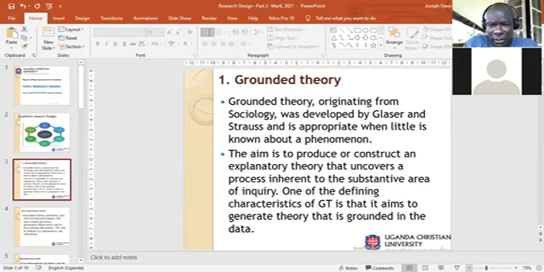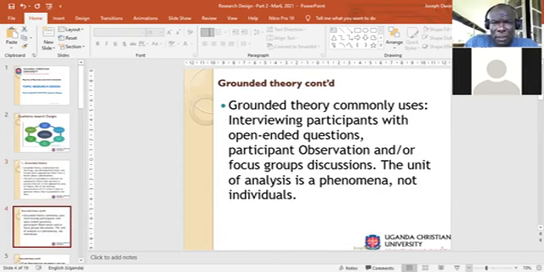That is how grounded theory is developed, by observation or by interviews, but not necessarily by questionnaire, but by all the other soft skills of data collection. So grounded theory commonly uses interviewing of participants with open-ended questions.